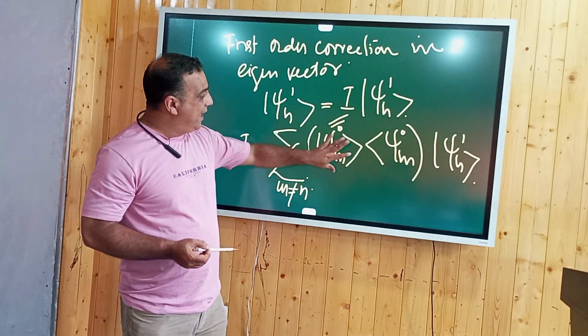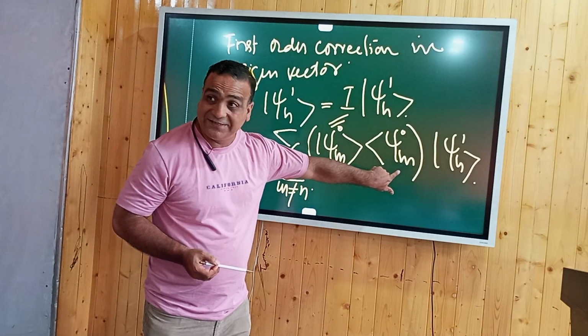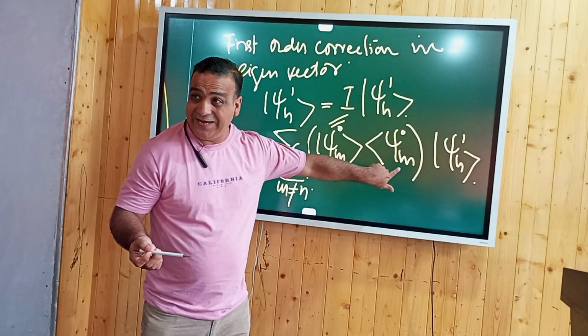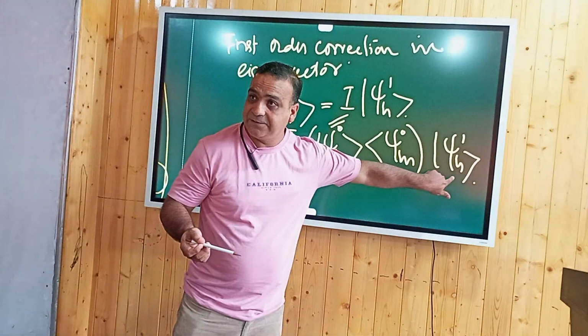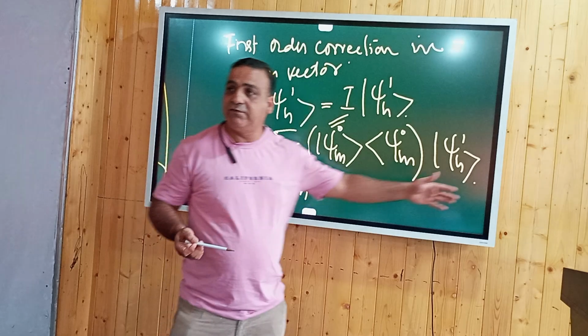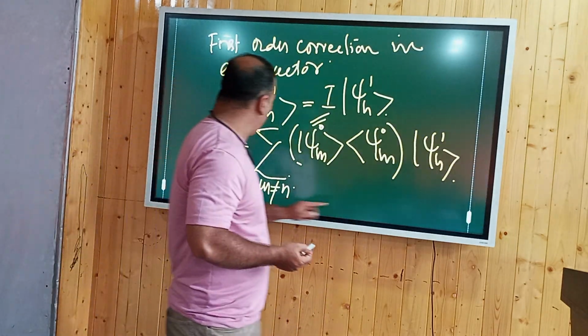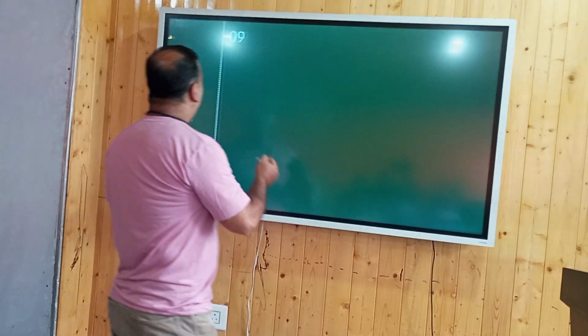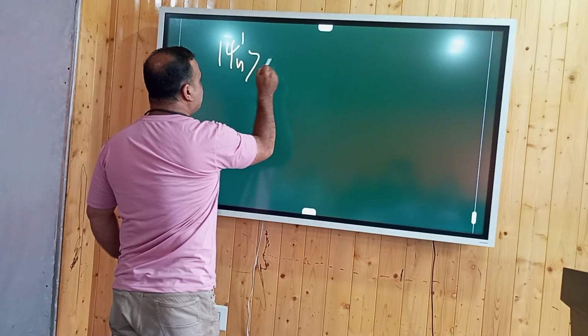So now, writing this, I can incorporate the bra of this newly chosen basis. I can write this as the part of this. So this part I can write outside. Are you getting it? It's so simple. So what can I do here is, what will be my psi n1?